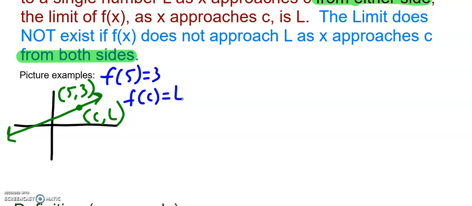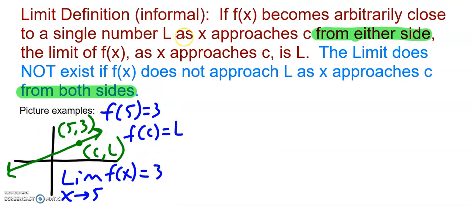For limits, for this problem, the limit as x goes to 5 of f of x is 3. Okay, so now let's go back up to this definition here, right?